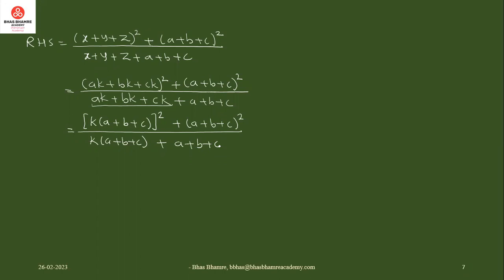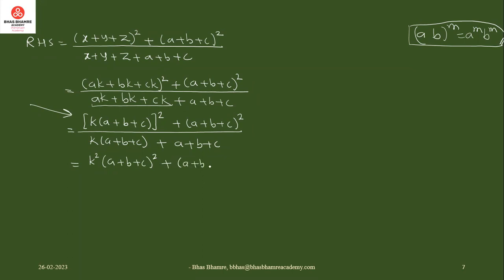Then as we know in laws of indices, ab raised to m is a raised to m into b raised to m. Because of this law, I can open this bracket, that goes k square in bracket a plus b plus c the whole square plus a plus b plus c the whole square, totally upon, I can take a plus b plus c common so that in second bracket I get k plus 1.